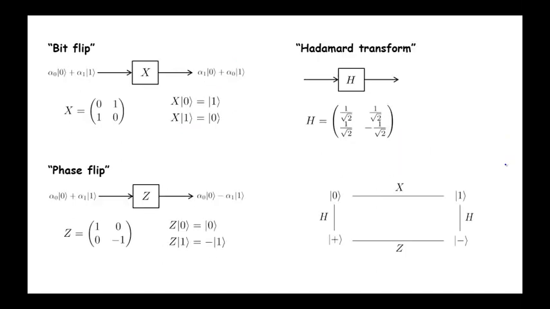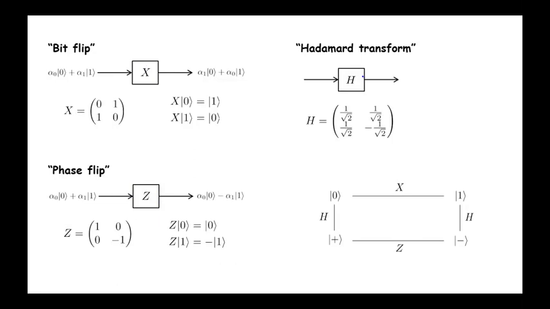Okay, so finally, let's think about the following question. Suppose that you wanted to implement a phase flip gate. So suppose I wanted to implement the phase gate, or Z. But suppose that I happen to have no phase flip gates around, but I had a bit flip gate and a Hadamard gate. Would I be able to implement a phase flip gate? Well, here's a way of doing it.